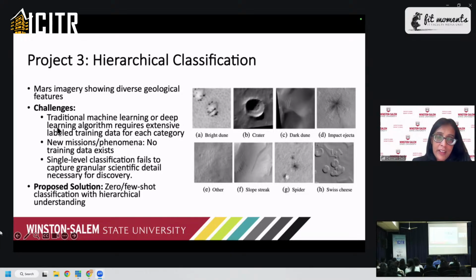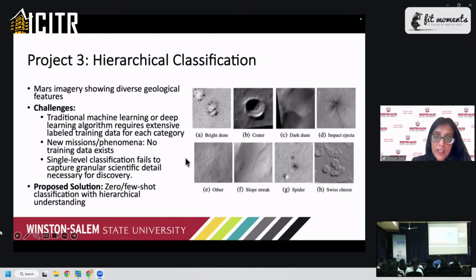However, in general, the challenge is that we have some images, and we know that there are many very effective deep learning methods like CNN available, which can classify images very accurately. But to do that, we need labeled training data, which may not be available if we are talking about a brand new mission.